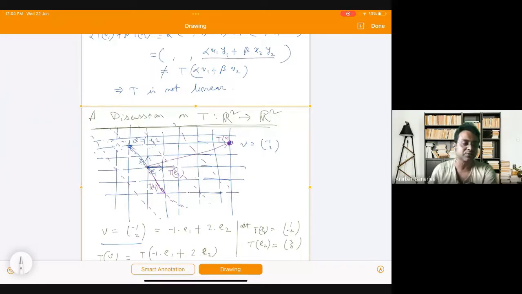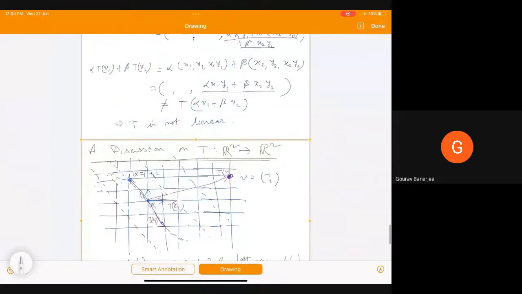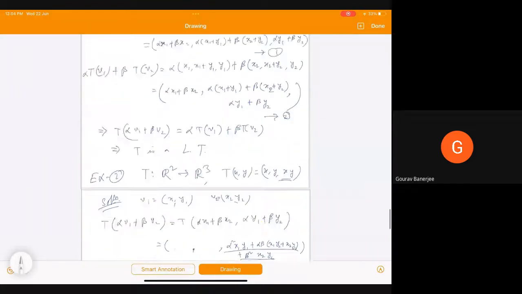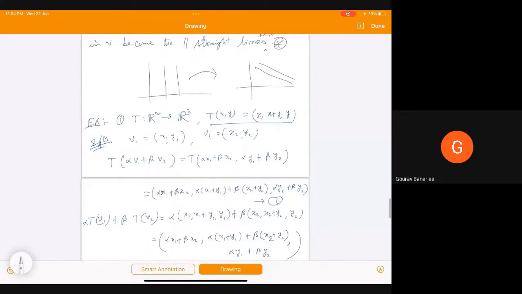There will be three equations in terms of x and y.